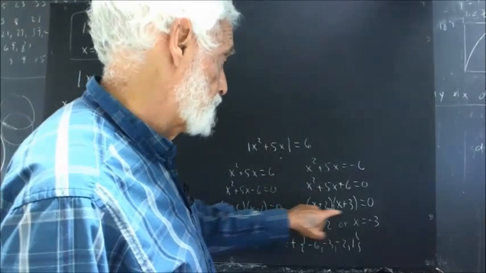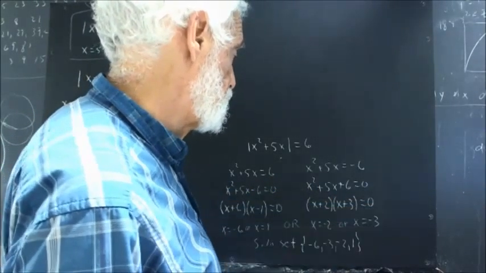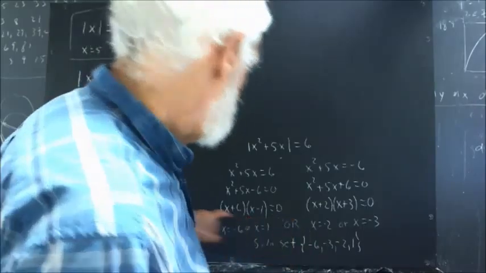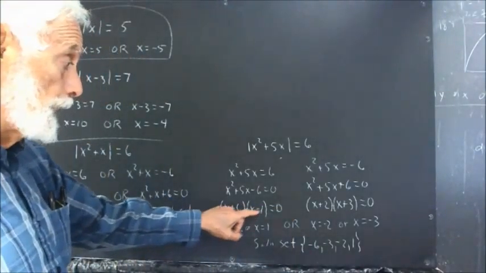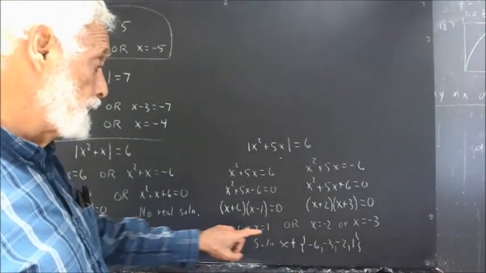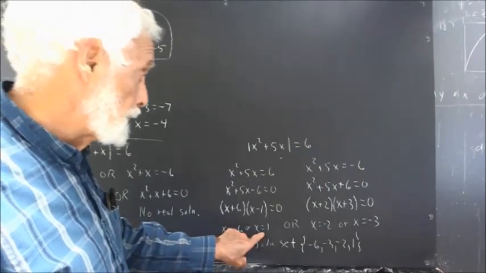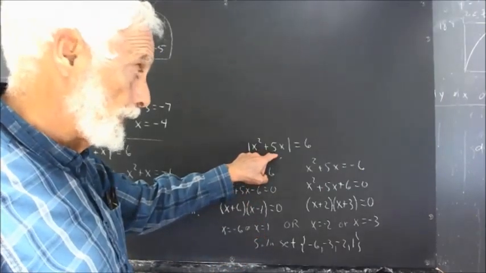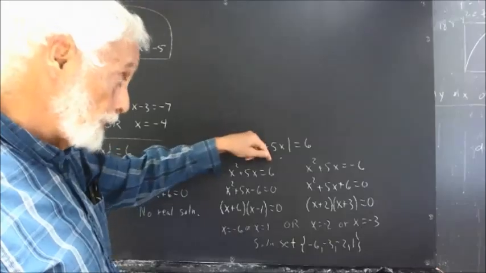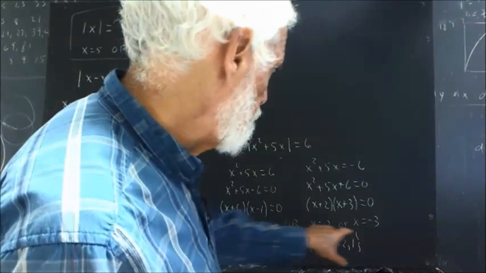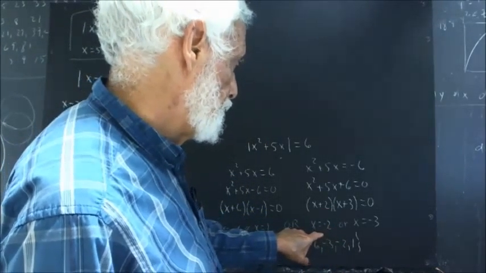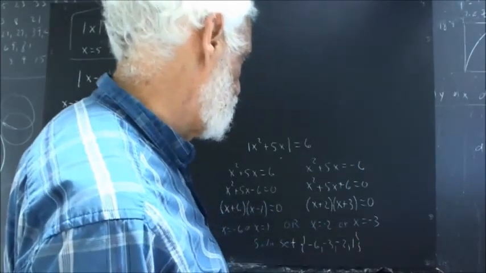Can be factored to x plus 2 times x plus 3 equals 0. So that, okay, over here, this factoring tells us that x could be negative 6 or 1. Either negative 6 or 1 will make x squared plus 5x equal to just plain old plus 6. Factoring over here, we quickly see that x is negative 2 or x is negative 3.